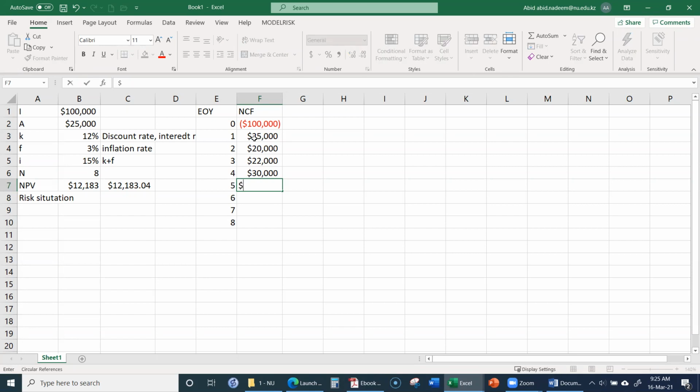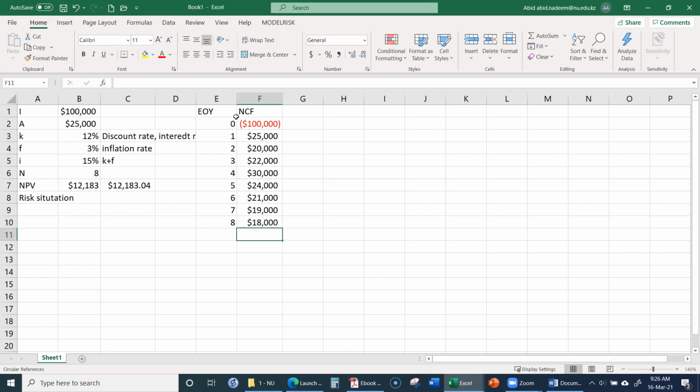In the fifth year maybe $24,000, and then $21,000. The seventh year is $19,000. The eighth year is maybe $18,000.